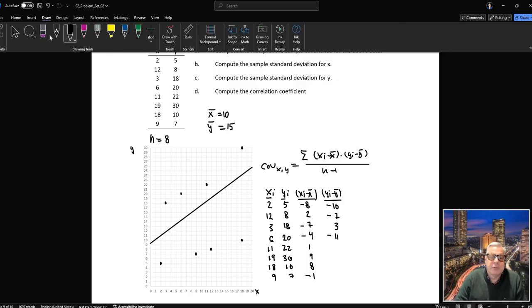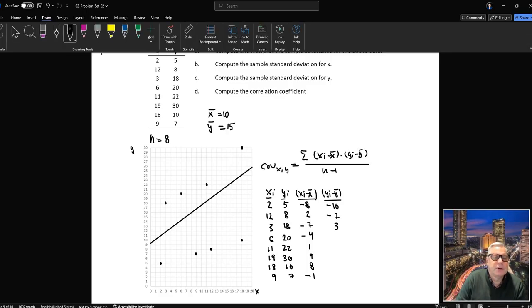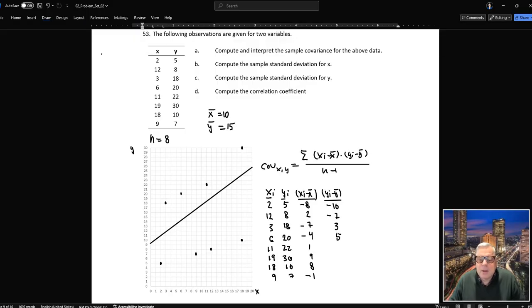You gotta be careful with the numbers. Here 20 minus 15, that's 5. I looked up the wrong column. So 20 minus 15, 5. 22 minus 15, 7. 30 minus 15, 15. 10 minus 15, negative 5. 7 minus 15, negative 8.